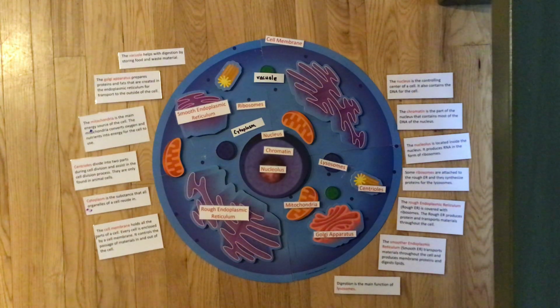So you have 2 parts to this assignment after you're done watching this video. Part 1 is you are going to read and answer the questions to the reading on animal cells. The reading is attached on Canvas. There's also an audio recording of the reading if you would like to listen to that and then answer the questions.